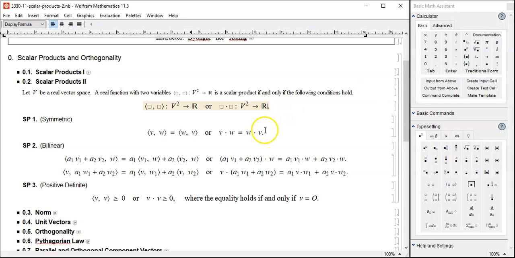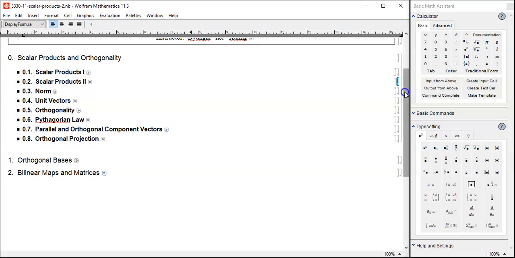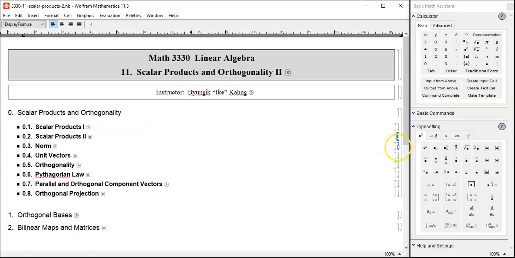It's a binary operation, of course, and symmetric, positive definite, but in terms of bilinearity, we can use the linear combination instead of addition and scalar multiplication separately. This is for the first vector, and that's for the second vector. Either way, you can define scalar product. It doesn't matter which way you do, they're equivalent.